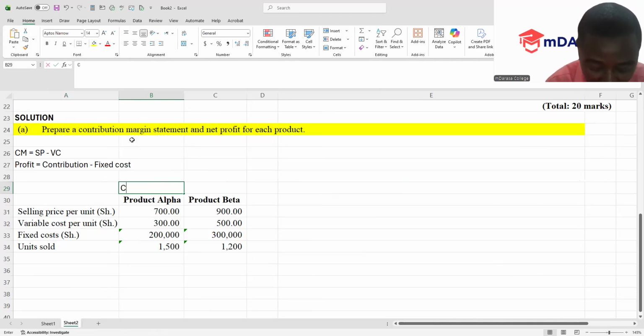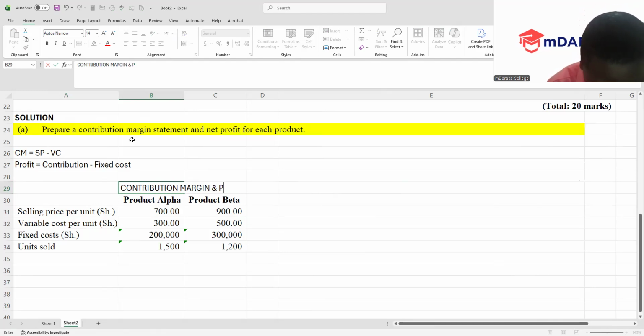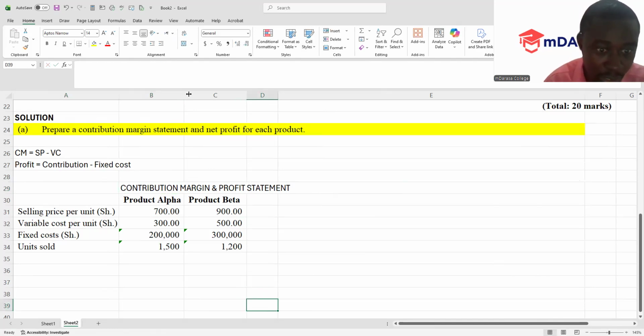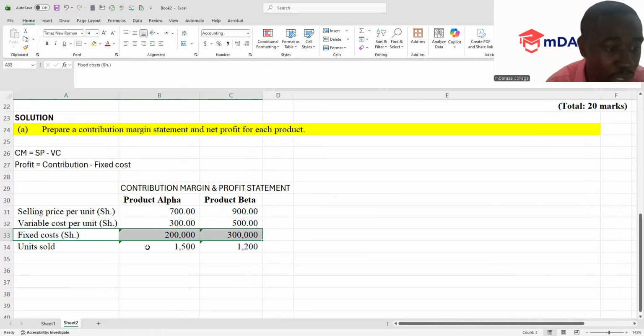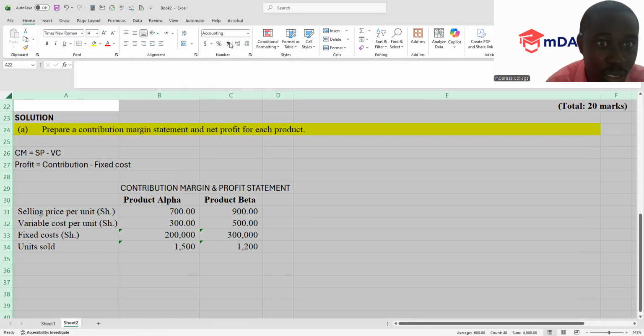So you have the contribution margin and profit statement. Here we have two products, that is product alpha and product beta. These are the products that you're given here.